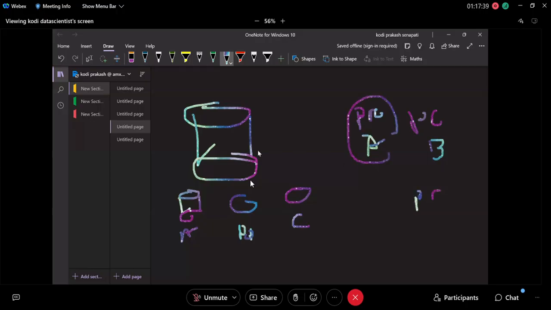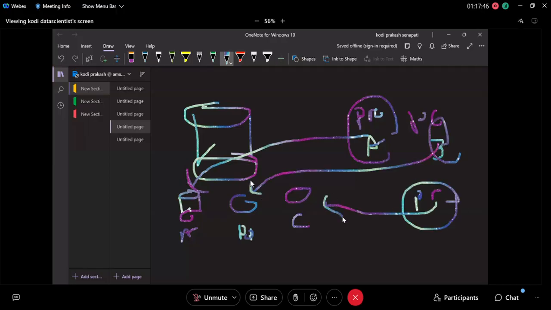Product A has to be deployed in A, product B in B, product C in C. One of the guys deployed product C in production A. क्या होगा यार?